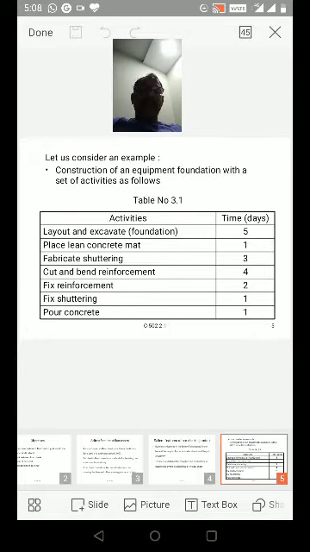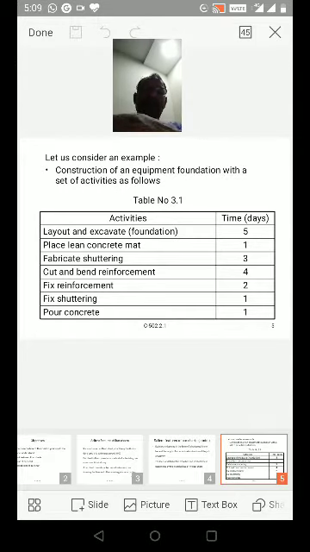Fabricate shuttering, 3 days. Cut and bend reinforcement, that is bar bending, 4 days. Fix reinforcement, 2 days. Fix shuttering, 1 day. Pour concrete, 1 day. This is for the construction of one equipment foundation.